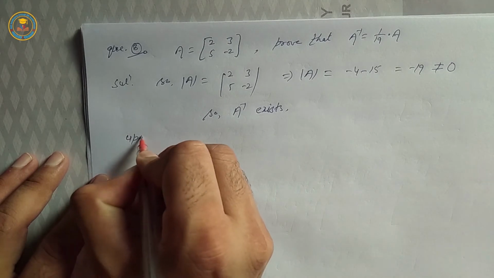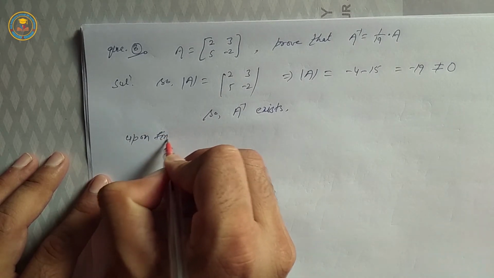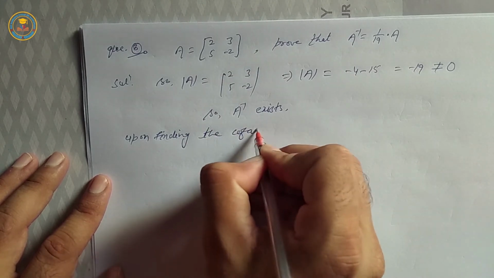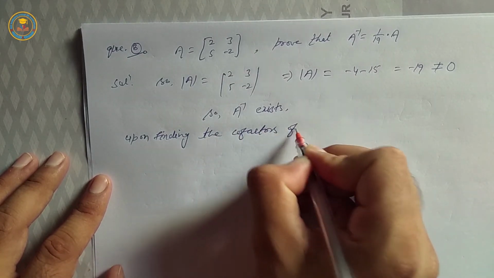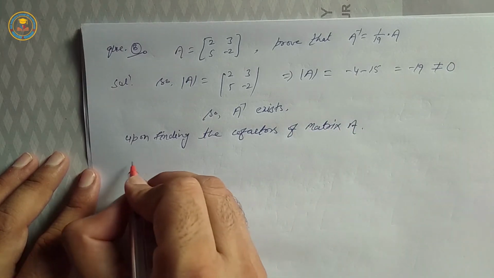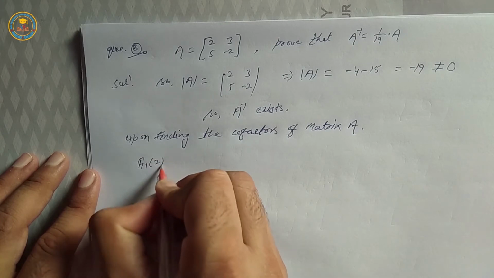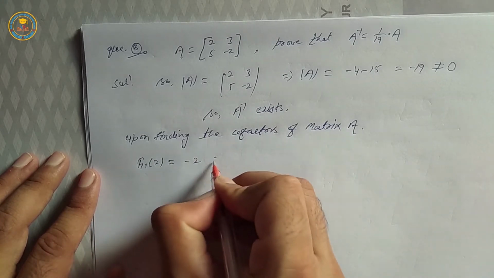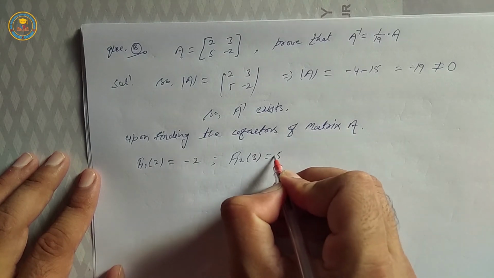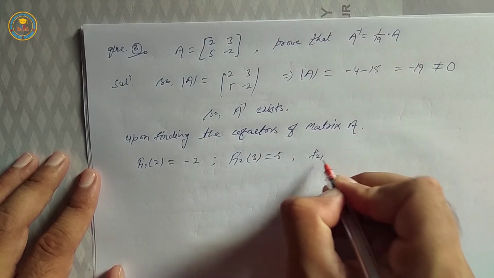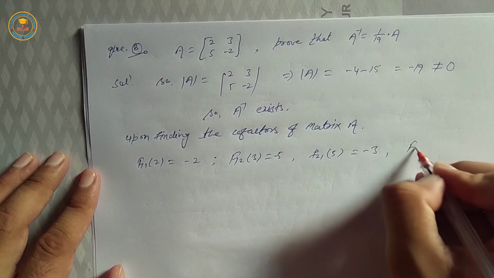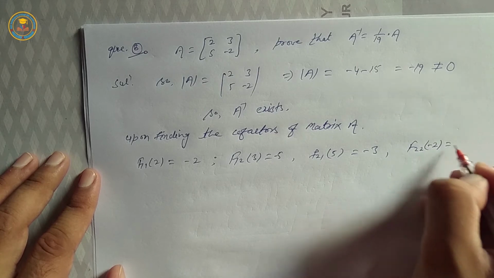Upon finding the cofactor of matrix A, F11 is equal to -2, F12 is equal to -5, F21 is equal to -3, and F22 is equal to 2.